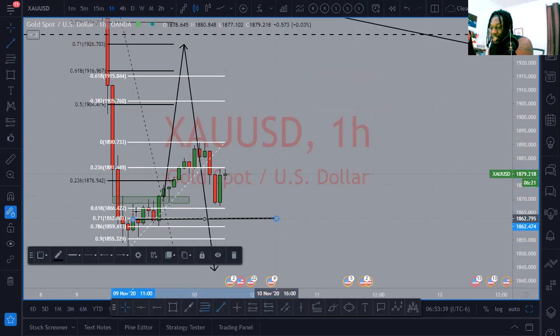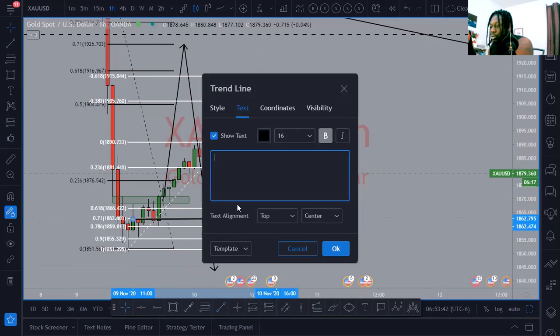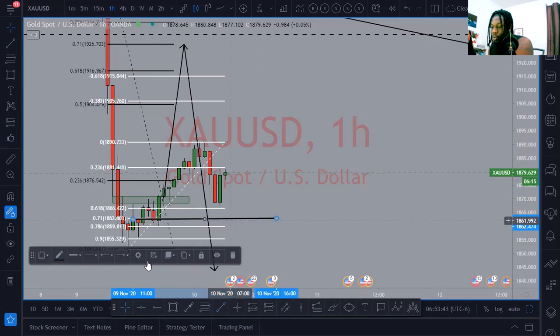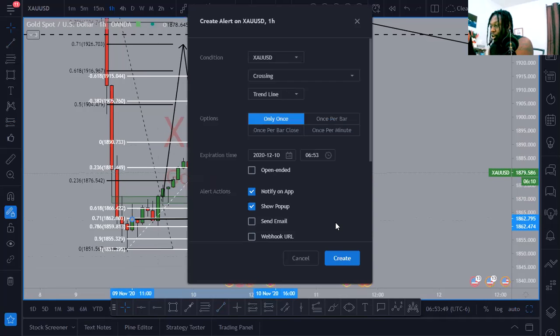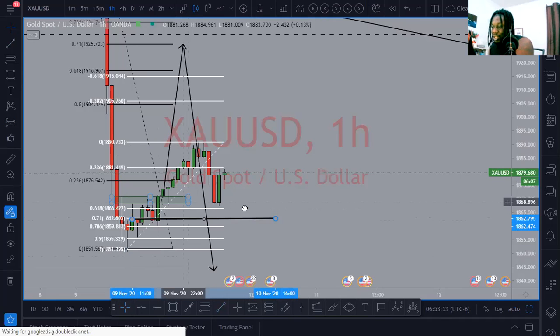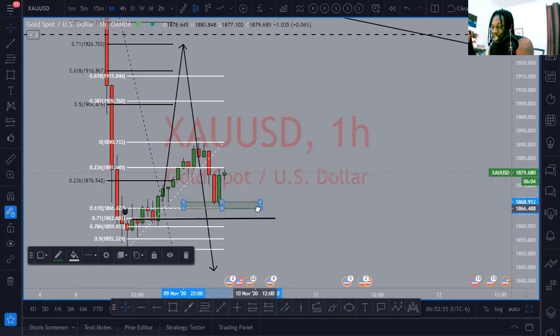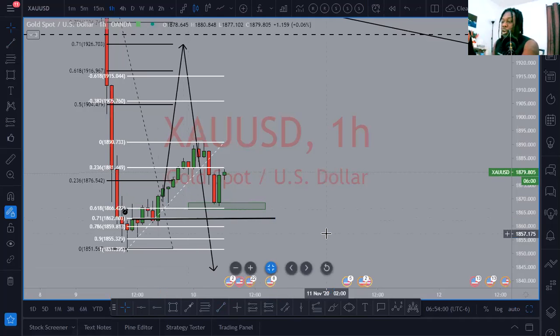Watch it at 1866, but I want price to come to 1862. But we might not get that chance to get in it anymore because, like I said, it basically came and retested this right here. And then now it's popping up a little bit more. Want price to come back down, get my alert, and then put me into the trade.